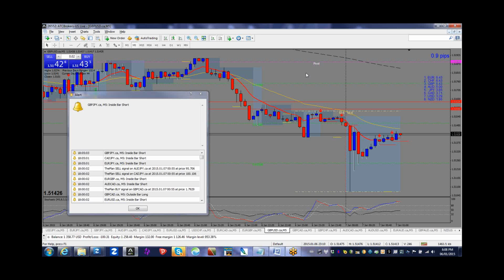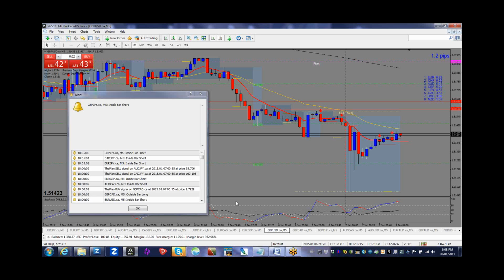Therefore, the best time to trade the 1030 is from Tokyo close, which is about 5 a.m. Eastern time, right through until London close. That is the absolute best time. That's the most signals you're going to get, and you're going to get the most movement in any pair during that time.